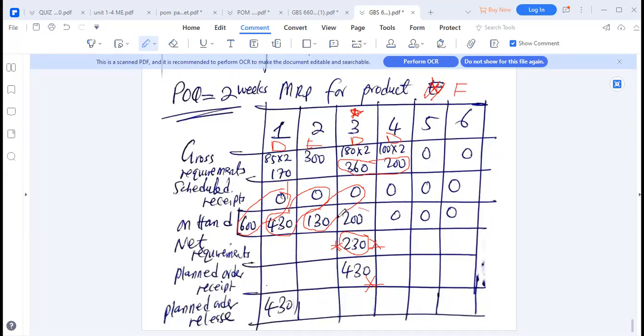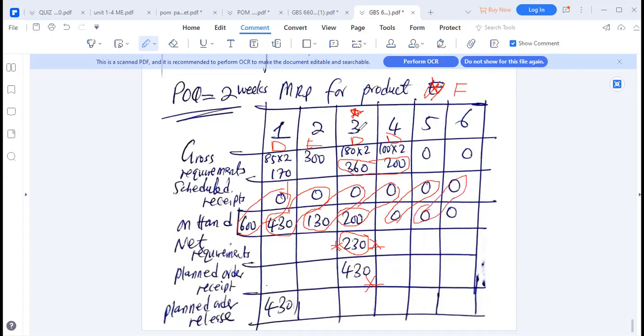Now 200 units that we have on hand plus the 0 units to meet the demand of 200, yes, we can, and will remain with 0. 0 plus 0 minus 0, it will be 0.